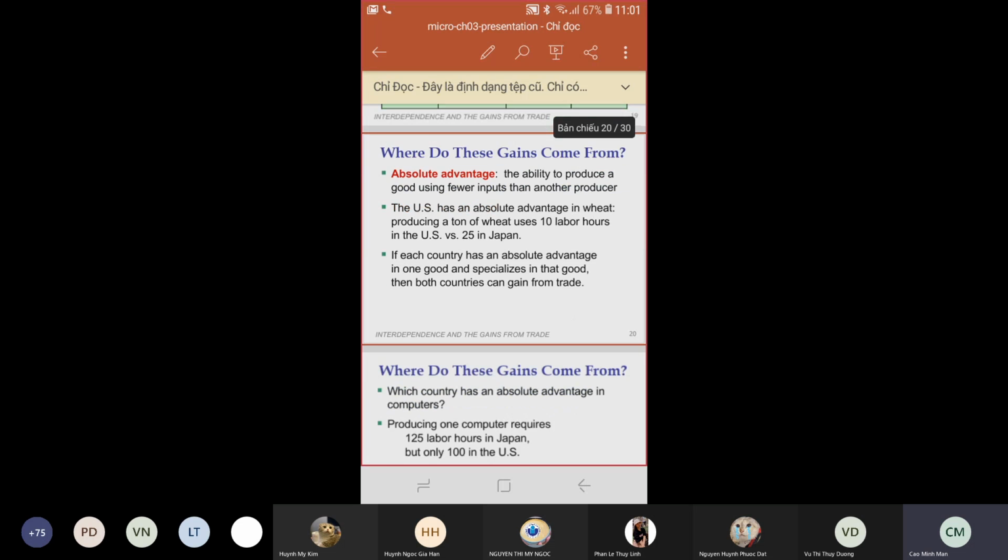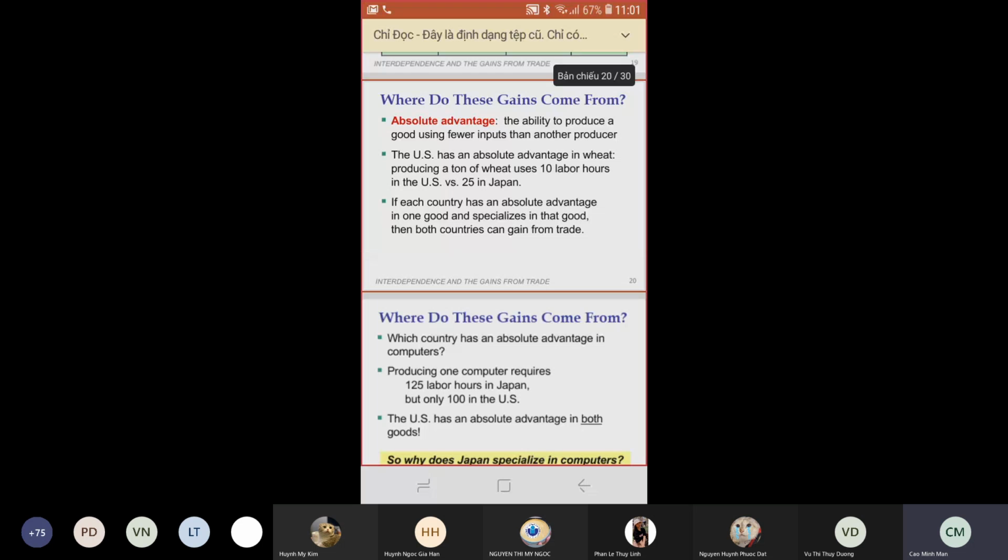It's not absolutely right, because in reality many countries with absolute advantage in producing some products do not produce these products and export to another country.